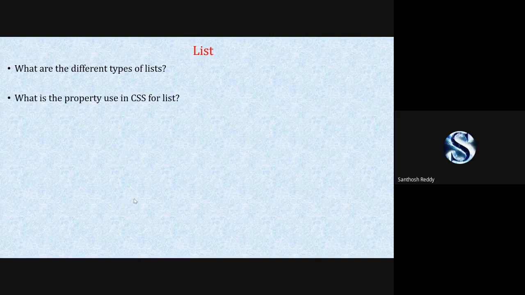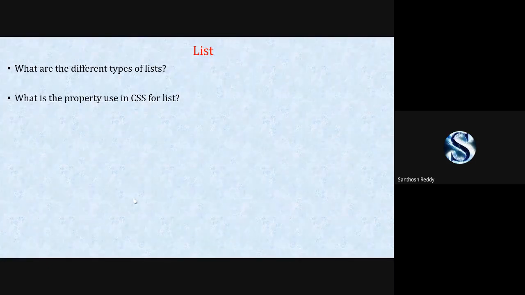What is the property used in CSS for list? If I want to apply square to a list, what is the property we have to use?